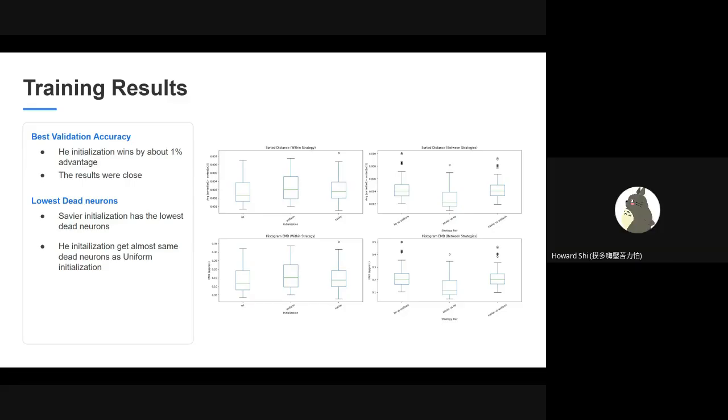So both He and Xavier are scale initialization methods specifically designed to mitigate the vanishing or exploding gradient problems in deep learning. They dynamically adjust the variance of the distribution based strictly on the number of input or output neurons.